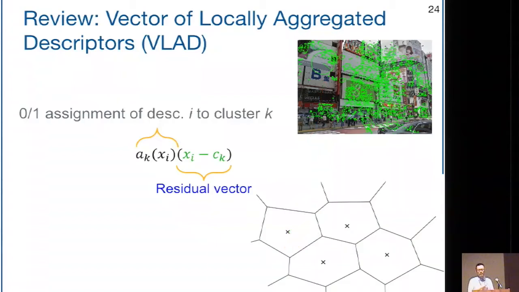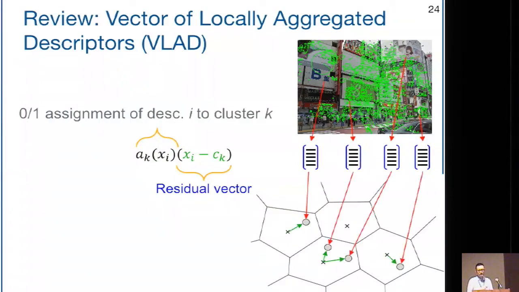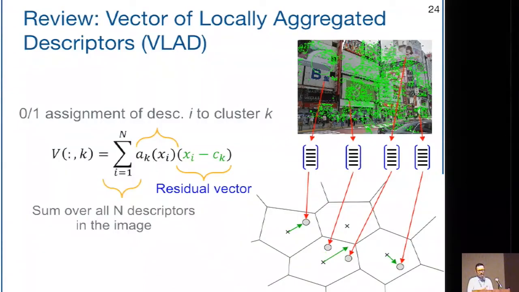To compute a VLAD image representation, all the descriptors are extracted and assigned to their closest clusters. Their residuals are summed up and concatenated to form the final VLAD vector.